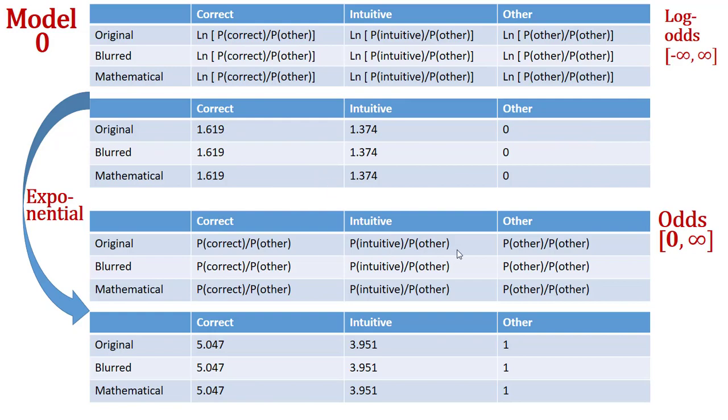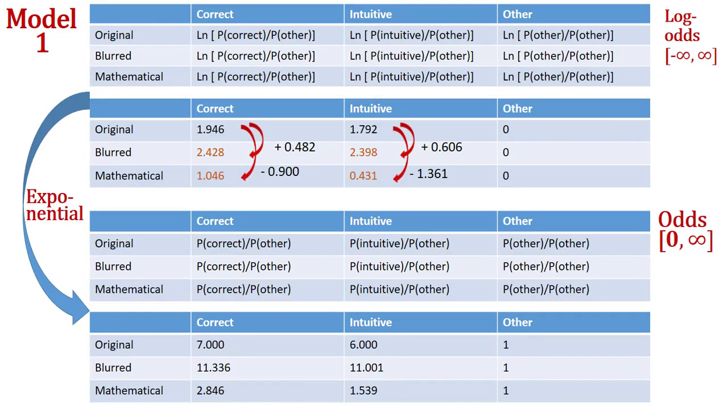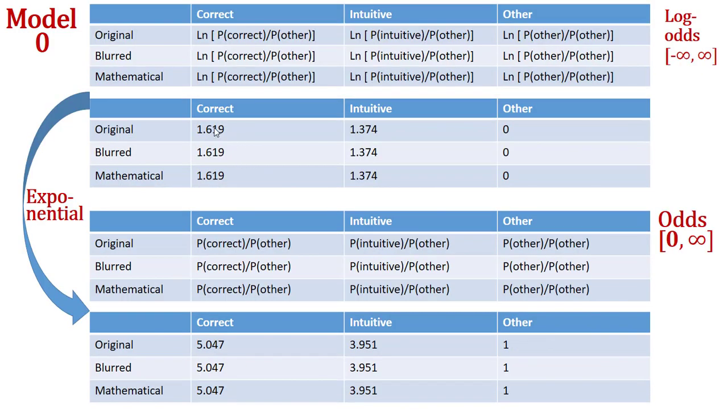The reason for doing that is that I want to compare those values with model 1, which has 6 values. So we are going to have 6 values in model 1 and only 2 values in model 0. I want to explain why that is the case and what those numbers mean.